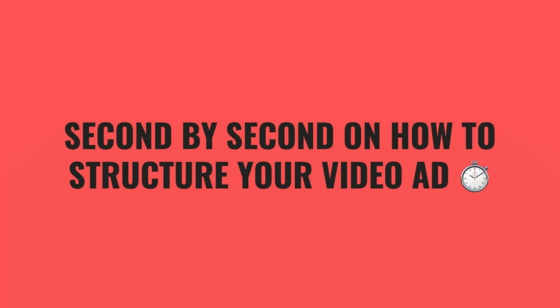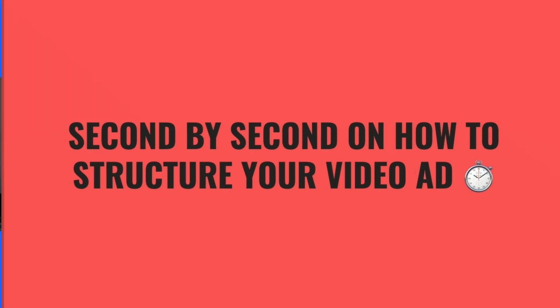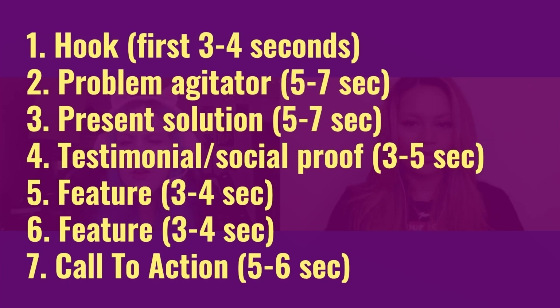Now let's check second by second how you should structure your video ad creative. It's going to flow like this. First, your hook is going to be 3 to 4 seconds long. Second, the problem agitator. This will be 5 to 7 seconds long. Third, present the solution. 5 to 7 seconds.